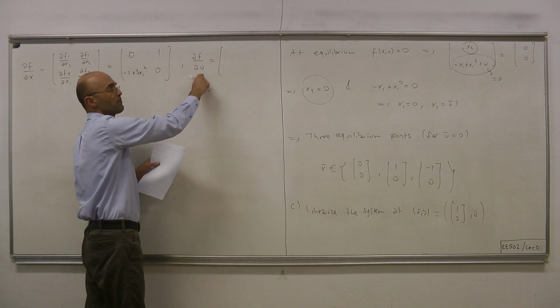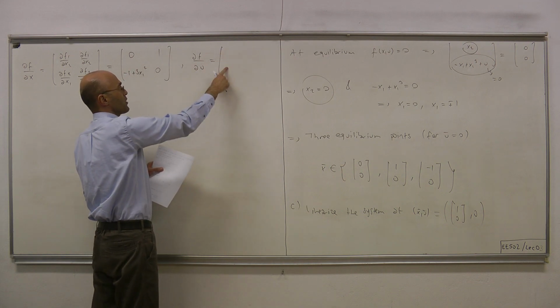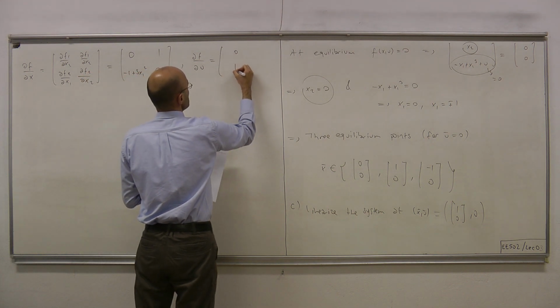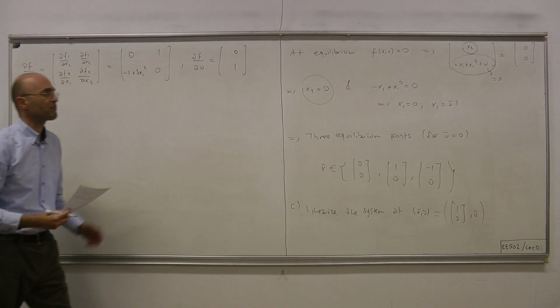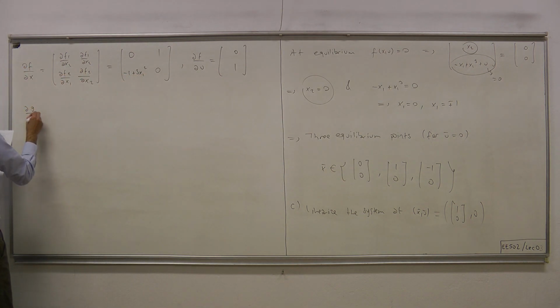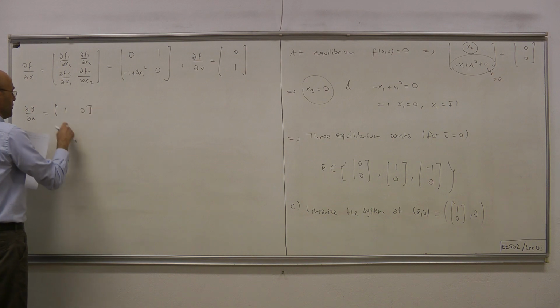Okay, so this is the partial derivative of f1 with respect to u and the partial derivative of f2 with respect to u, and you see that it's simply 0 and 1. Okay, and then the partial derivative of g with respect to x is 1, 0.